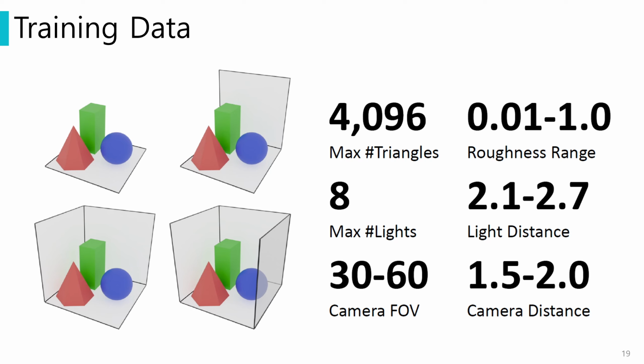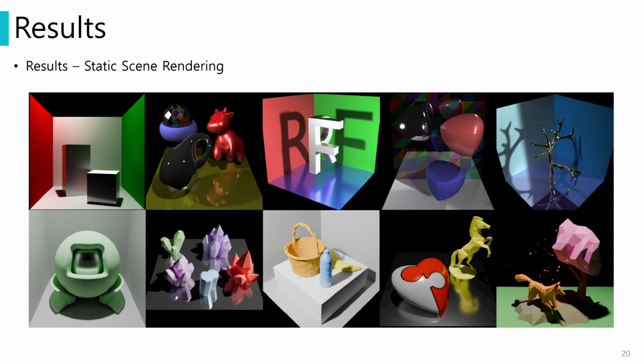For instance, scenes could have up to 8 light sources and a maximum of around 4,000 triangles. In total, 16 million HDR images were rendered using Blender Cycles to train the final model.